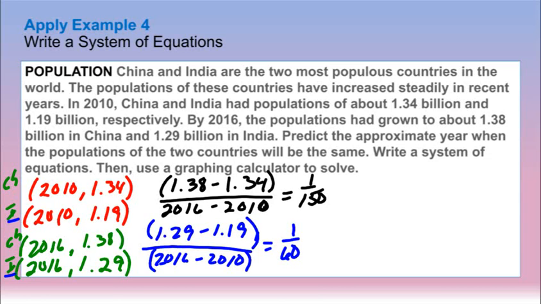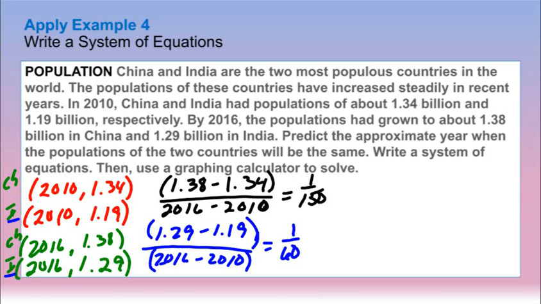Then we're going to use what their starting point would be to predict when the populations of the two countries will be the same. So you're going to go with the rate as your slope, and then we're going to use what the population was in 2016 for their starting point, because we're looking at the future.